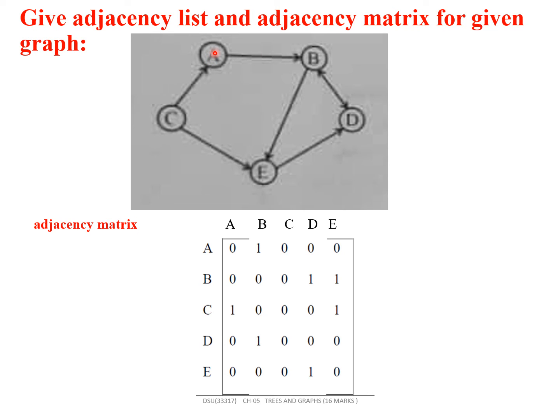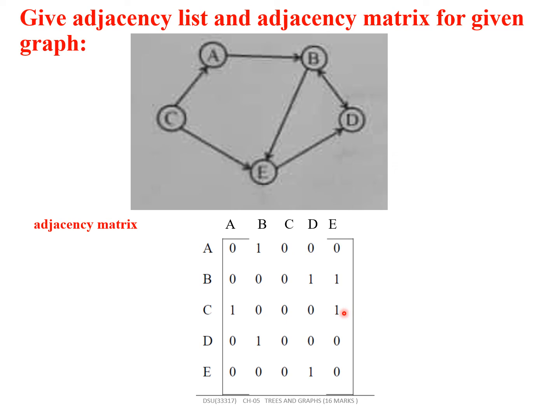So A to A is 0, A to B is 1, A to C is 0, A to D is 0, A to E is 0. Now the rest of the nodes, starting with B. B to E is 1 and B to D is 1. Now B to A is 0, B to B is 0, B to C is 0. Now for C, C to A is 1, C to B is 0, C to D is 0, C to E is 1.